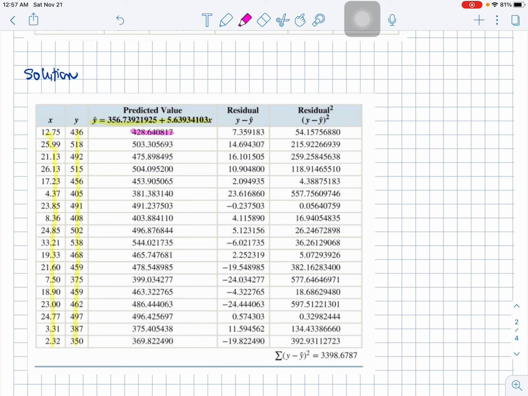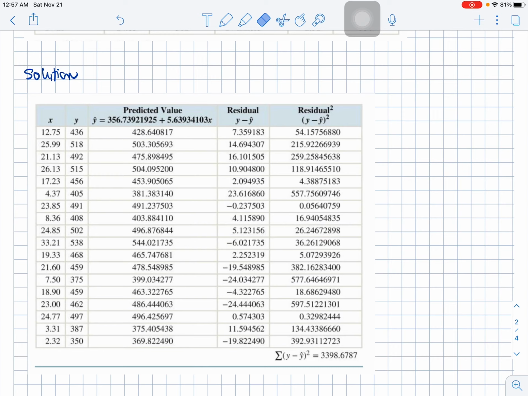Now, how do we find the 428.640817 number? We plug in the x value right here, 12.75, and we will get 428.640817. Similarly, we do the second one.